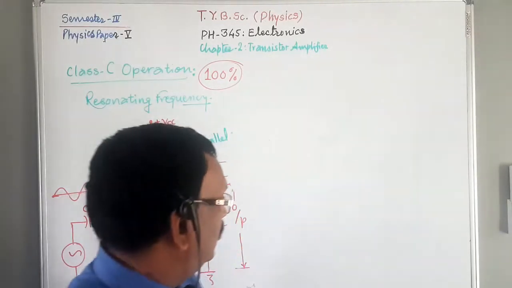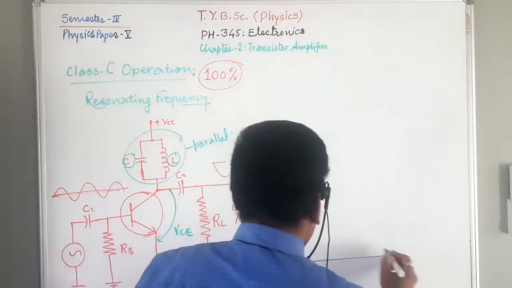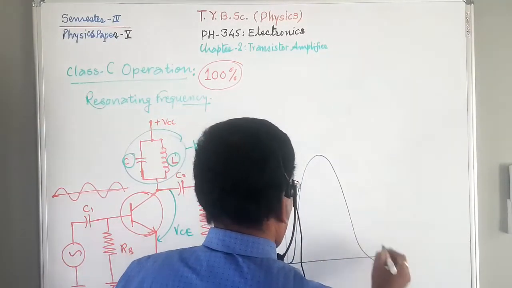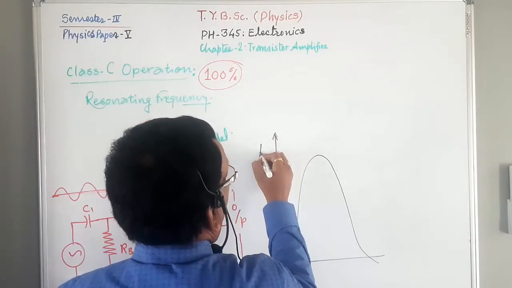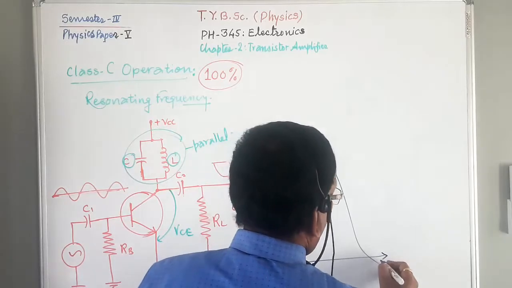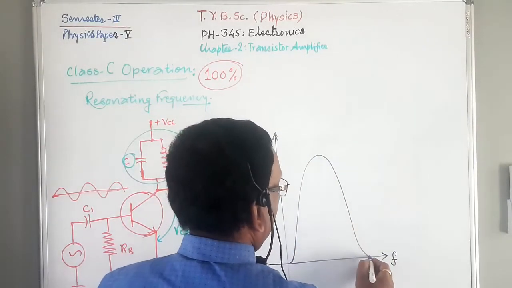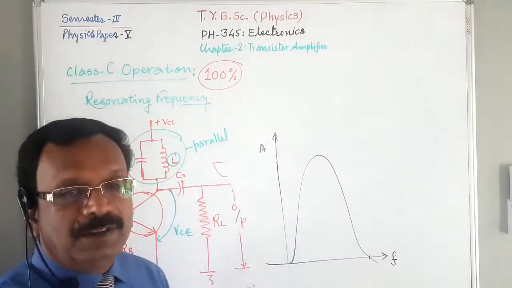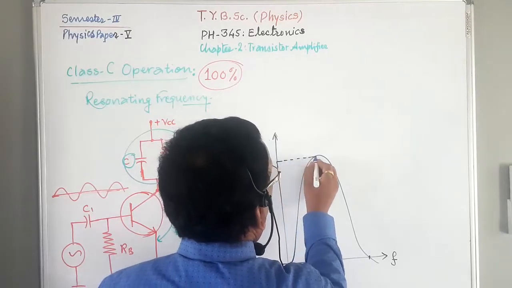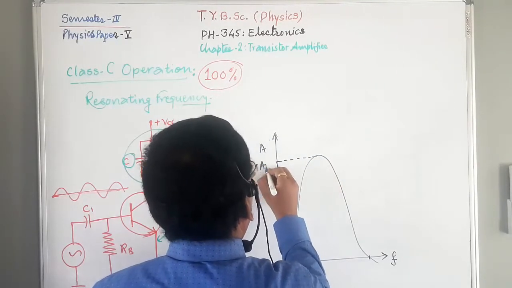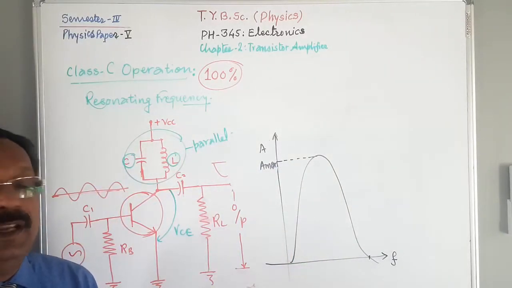Bandwidth, BW. Suppose resonant frequency: on the y-axis there is gain, and on the x-axis there is frequency. First of all, we take A max, the maximum gain.